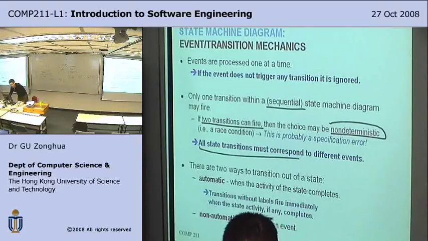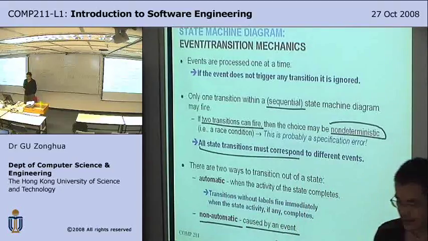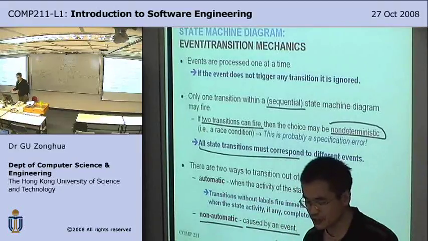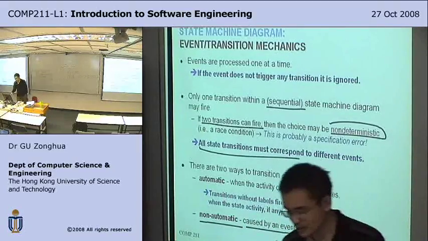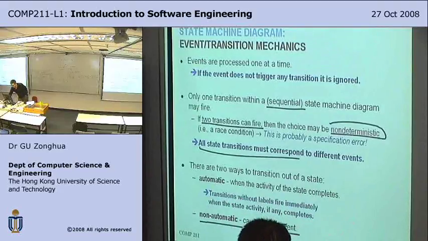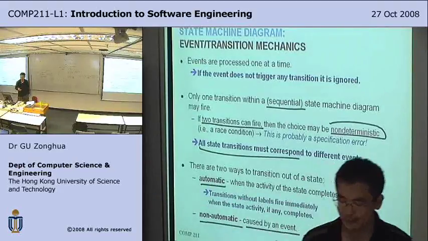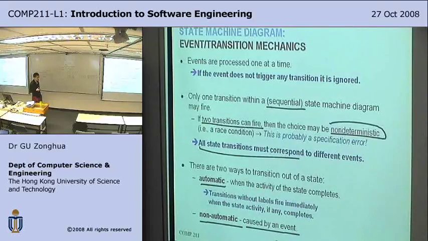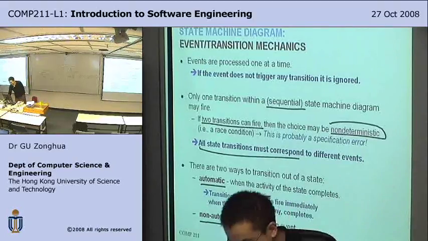There are two ways to transition out of a state, automatic or non-automatic. Non-automatic is the typical one you see: one event happens, you trigger a transition. An automatic transition happens even if you don't have an event, that is, when the activity of the state completes.